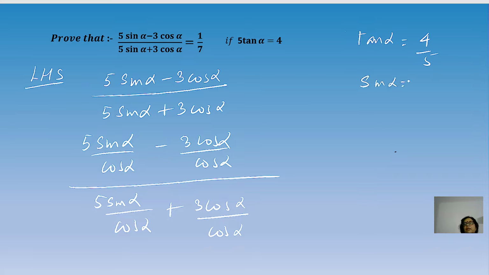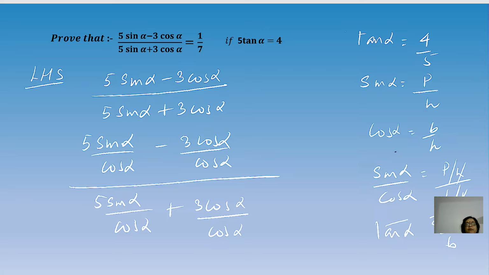Sine alpha is equal to P upon H. Cos alpha is equal to B upon H. So if we take the ratio of sine alpha by cos alpha, what do we get? We get P by H by B by H, that is equal to P upon B. So this is basically equal to tan alpha. When we divide sine by cos, we get tan alpha.